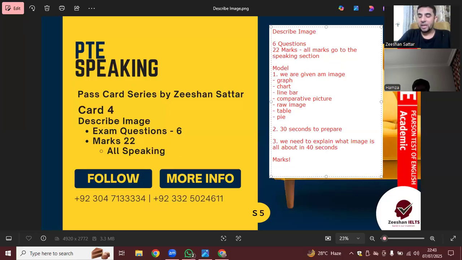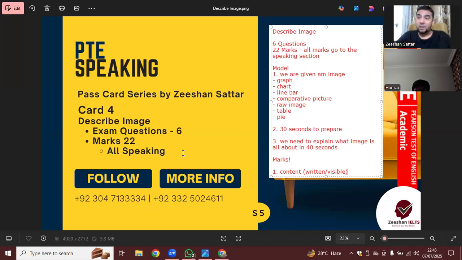There are 3 criteria of marking. Number one, the content. Content means what all is written on the picture, or what all is visible in the picture. A common misunderstanding is that people only try to speak out what is written. Sometimes something is not written but visible, for example colors, bars, or lines.